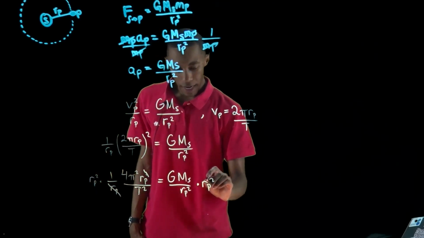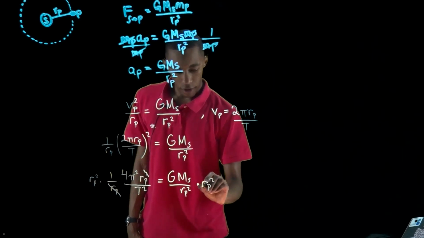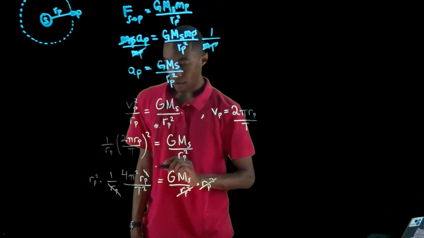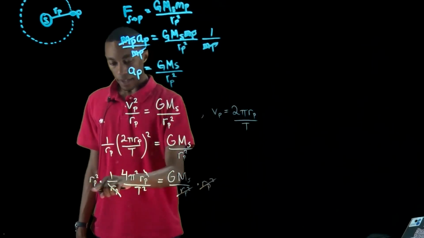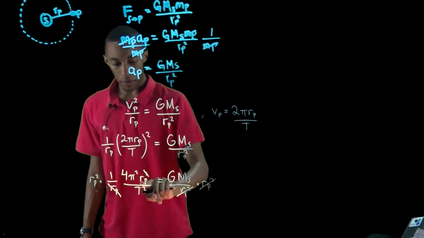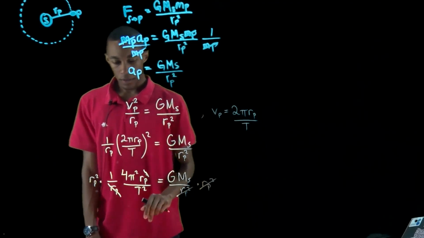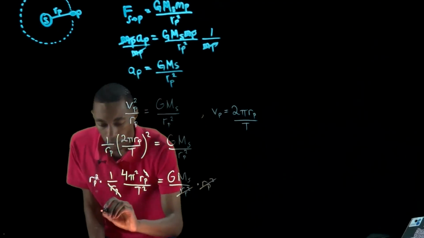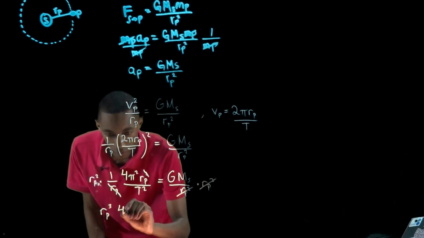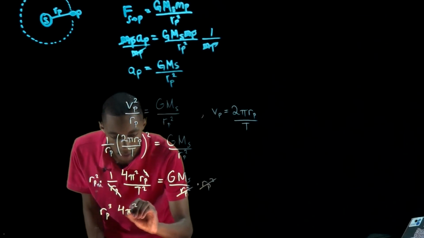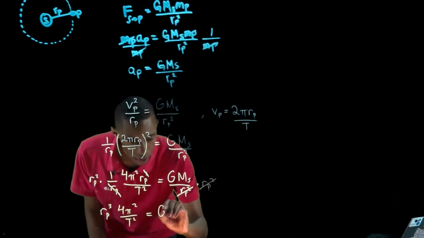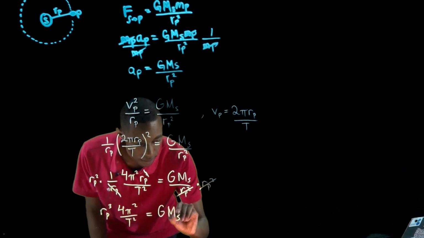And notice on the right-hand side, this Rp squared in the numerator cancels with this Rp squared in the denominator. And on the left-hand side of the equation, this Rp squared gets multiplied by the leftover Rp up here. So putting that together, we have Rp cubed times 4 pi squared over T squared is equal to G mass of the sun.